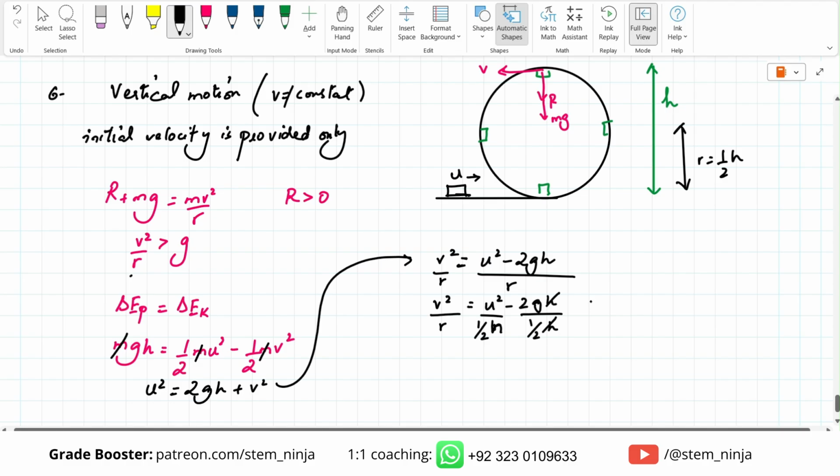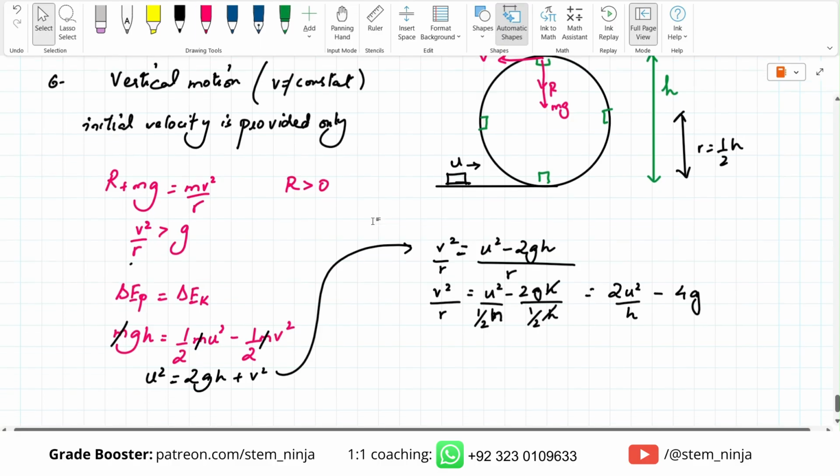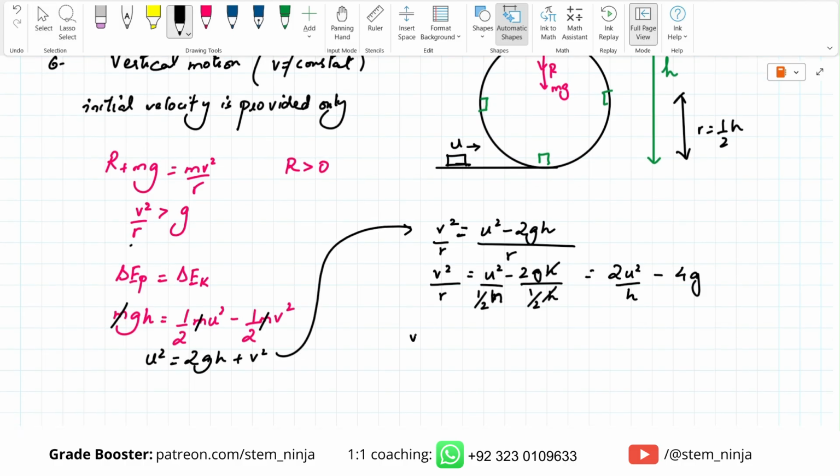H and H gets cancelled, leaving us with 2u squared over H minus 4g. And this is greater than g itself. So this becomes 2u squared over H minus 4g greater than g.